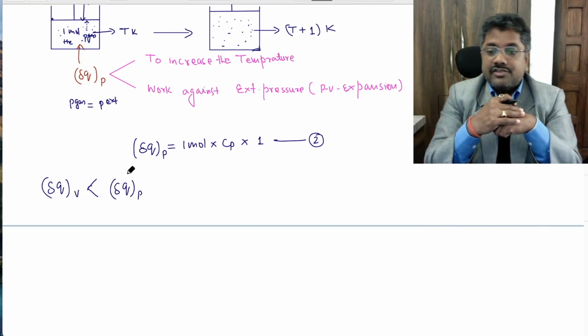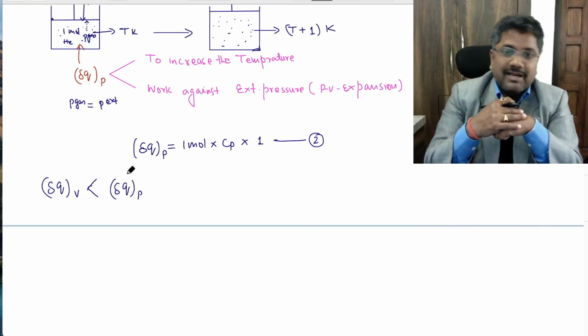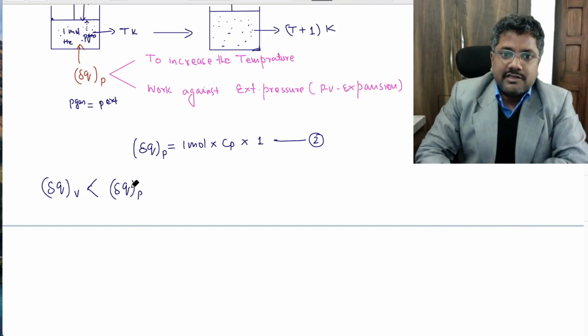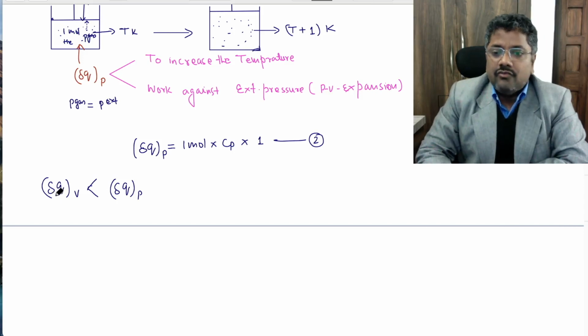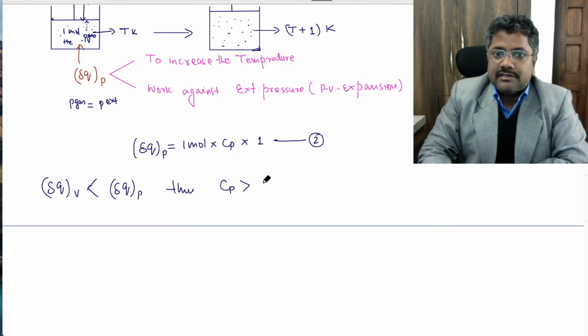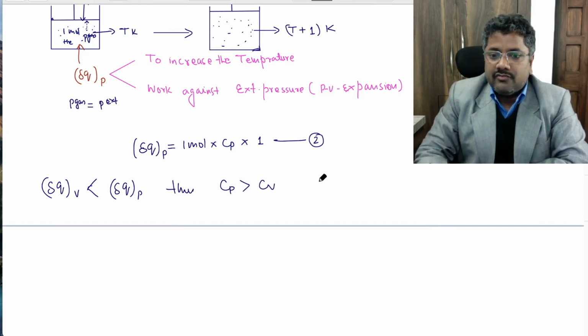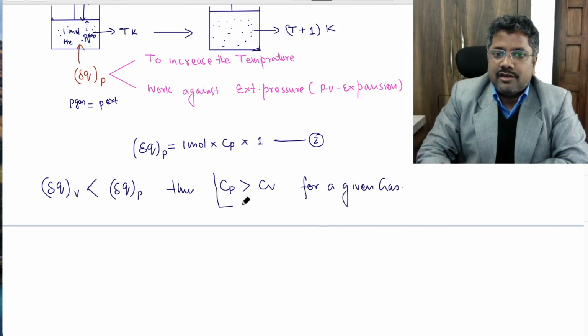So since QP is more than QV, you can write Cp is more than Cv for a given gas. Right? So this is an important relation.